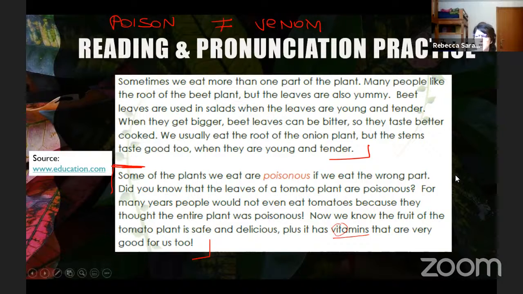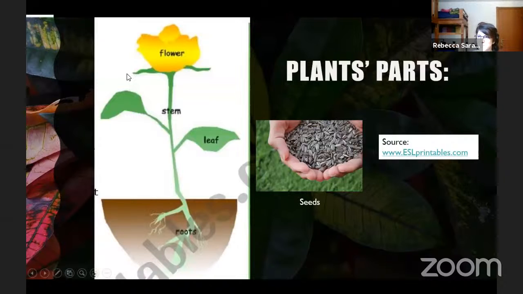So based on what we read here, we have just a small recap. The main parts of a plant are the flower, which is usually the more colorful part, but I'm sure you know what flower means. The stem, which is this part. Then we have a leaf, or multiple leaves. Then we have the roots and the seeds.